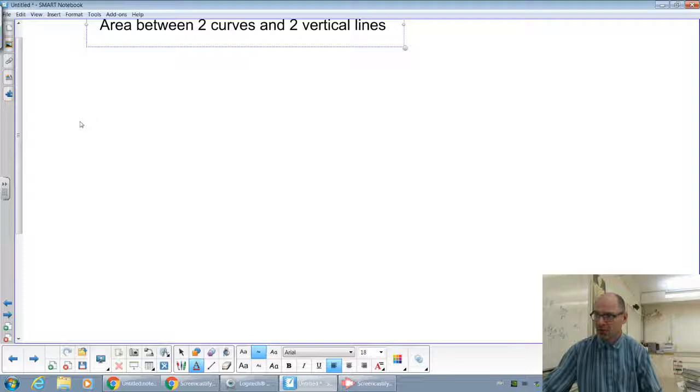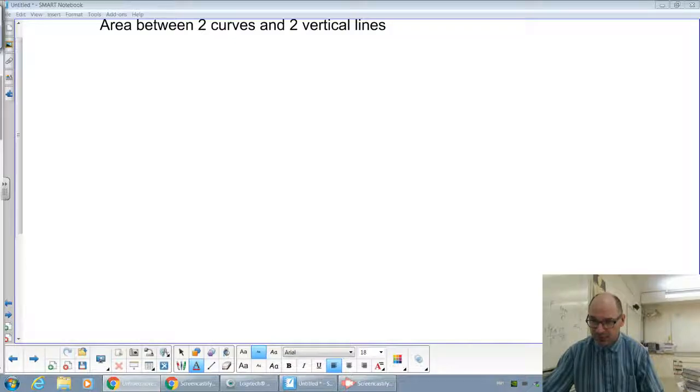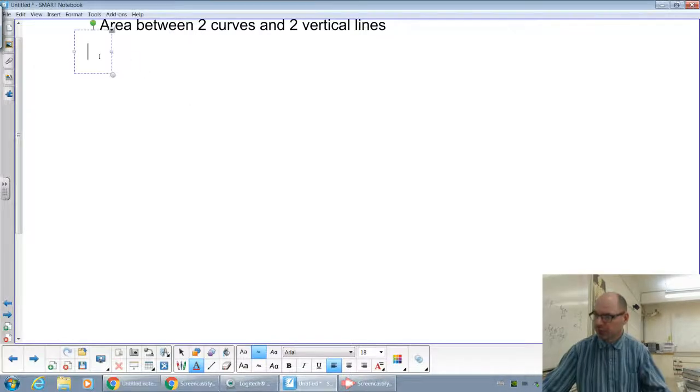Okay, so what we do here is we got to get our examples. So let me pull one up here. I got one here that's not too bad. Let's see what we got here. Okay, so let's say we have y. Find the area between the curves.